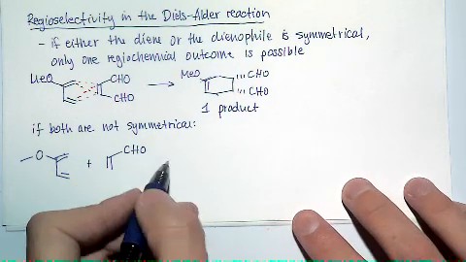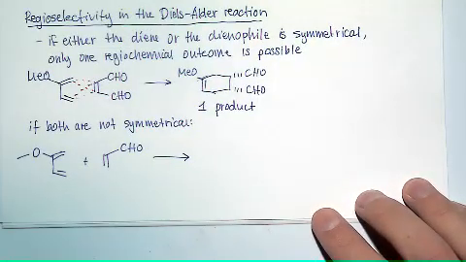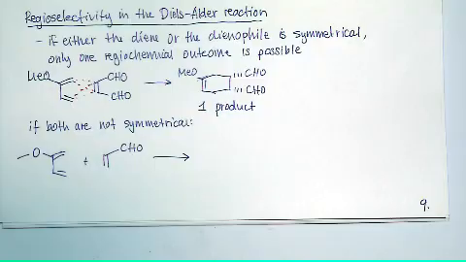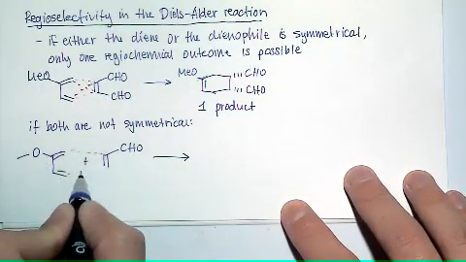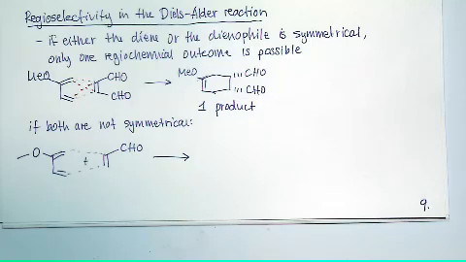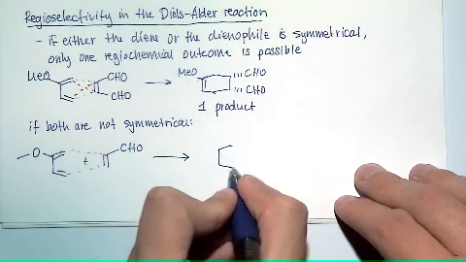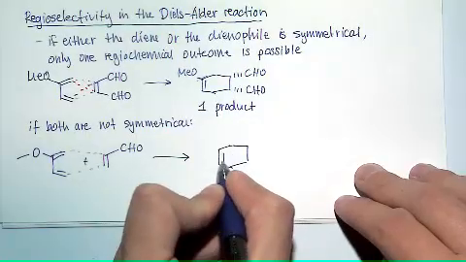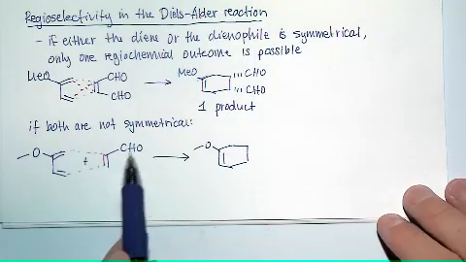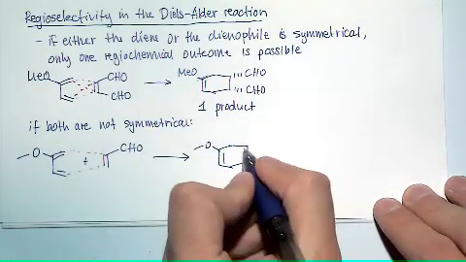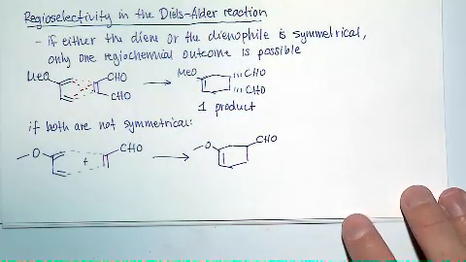So now we have to make a choice. We could keep everything in this same arrangement, which is a completely arbitrary arrangement that we've just chosen to draw the starting materials in. And we could say, all right, we've got our methoxy group there, and I've drawn the aldehyde on the top, so let's keep it there. Okay, that's one possible product.